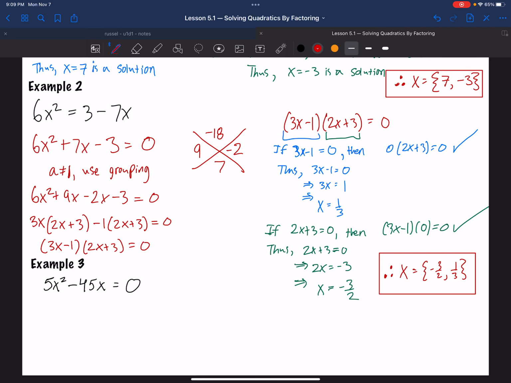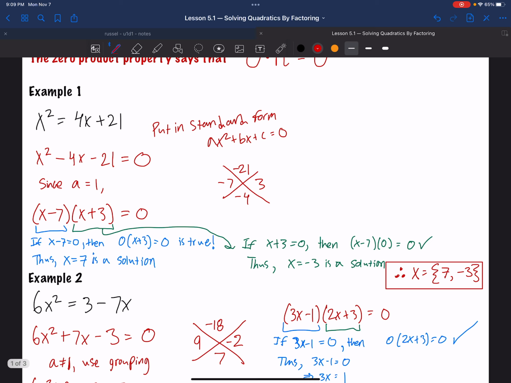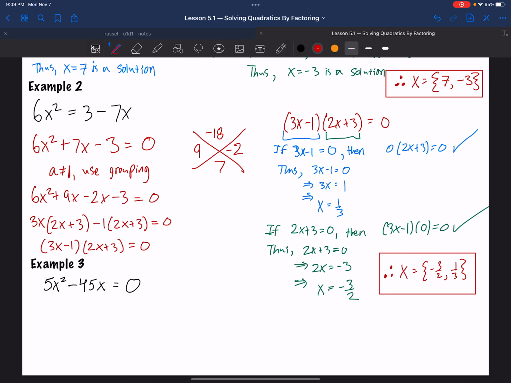So I illustrate this example because in example 1, it's very easy to visually identify the roots as 7 and -3, making that equal to 0. Now, if you're really good at fractions and mental math, you might be saying, Mr. Spake, example 2 is easy too.